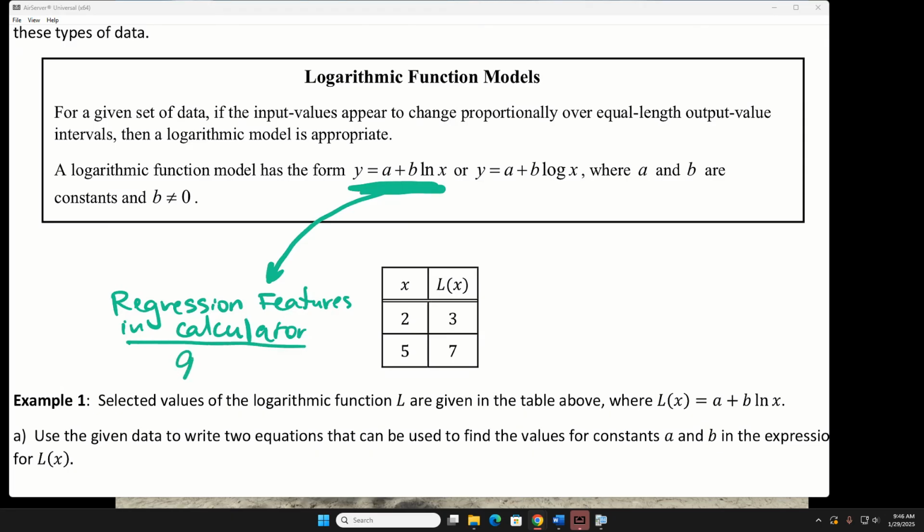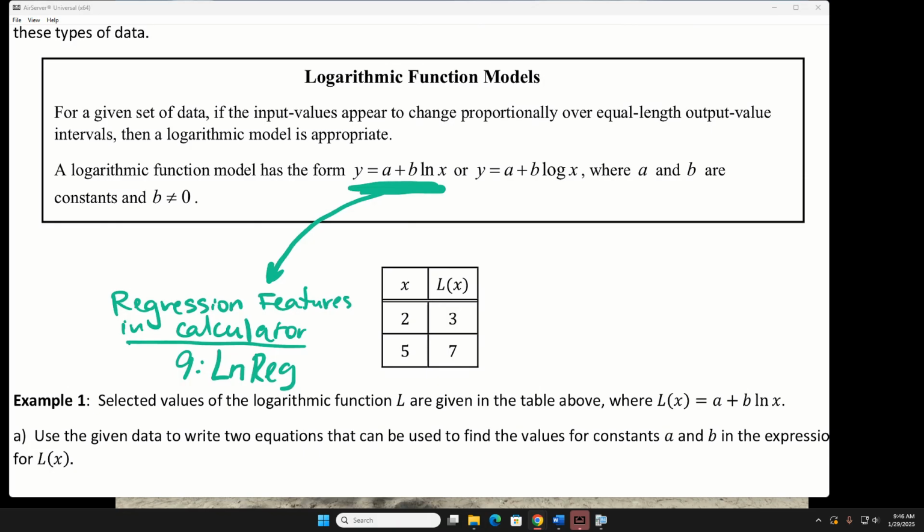And the choice, when you go to stat calc, is choice 9. It's LnReg for the natural log regression. But if it is any other type of log, then we can't. We can still use the calculator to figure out some values, but we can't use the regression in the calculator.